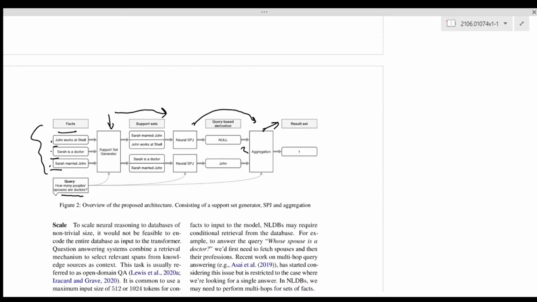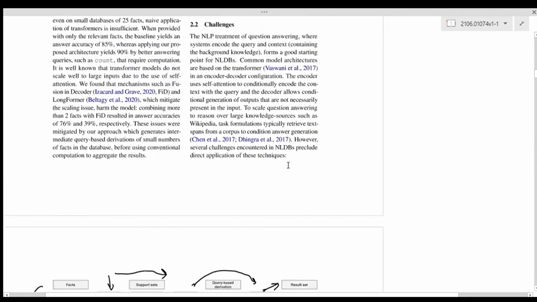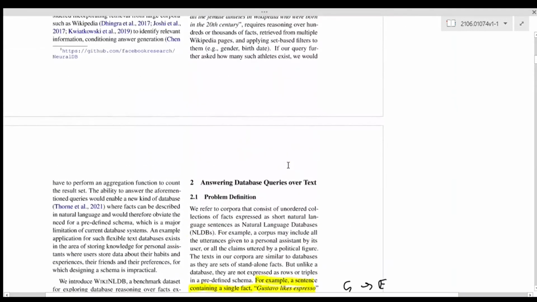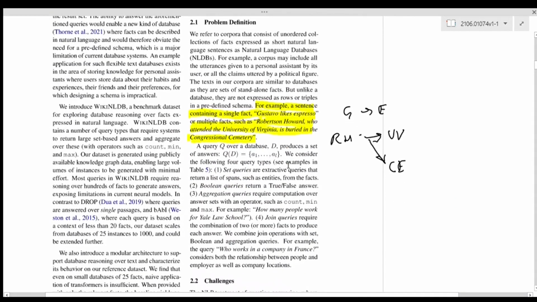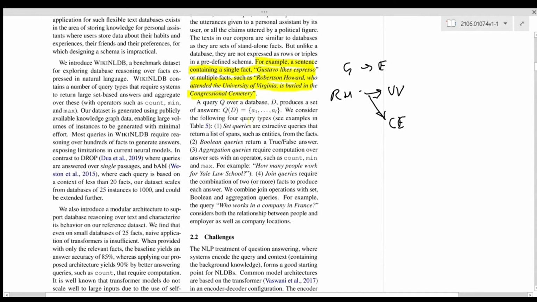Now we have gone over the facts, so let's go over the query. A query is just a simple sentence that we provide to the architecture for the values we want. These queries can be of different types.